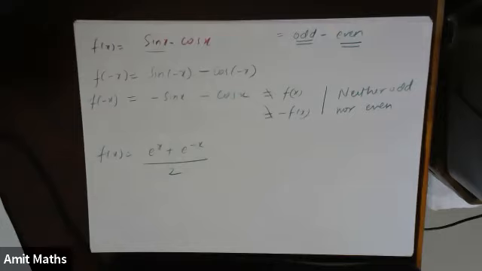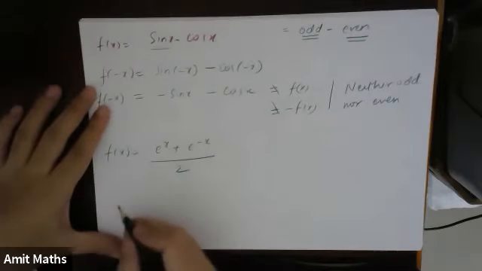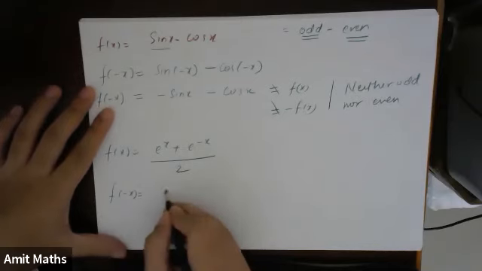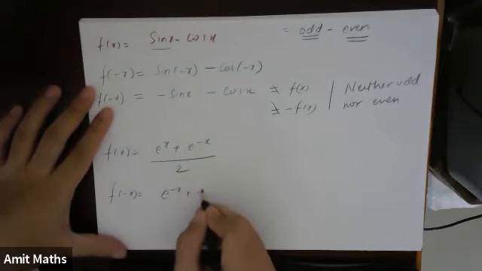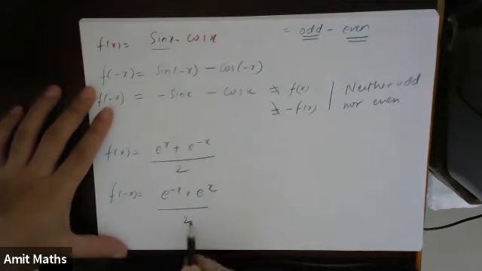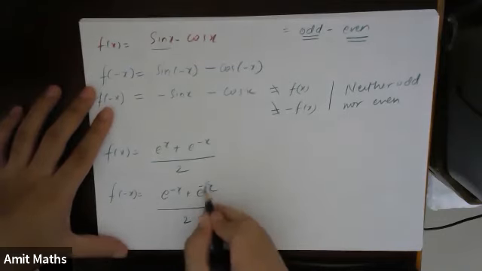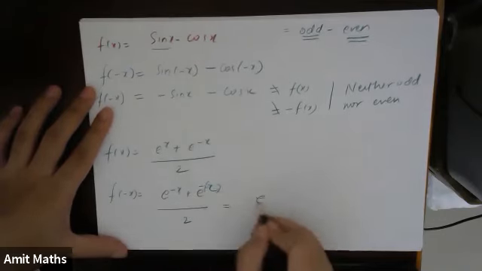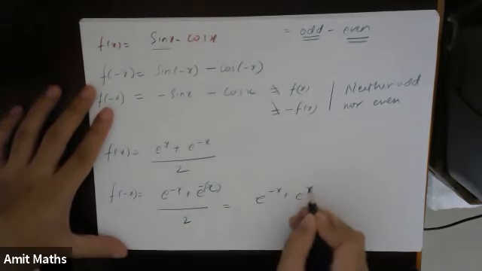Suppose instead of x, I substitute minus x, so f of minus x. So we'll get e to the power minus x plus e to the power minus of minus x. So this becomes e to the power minus x plus e to the power x by 2.